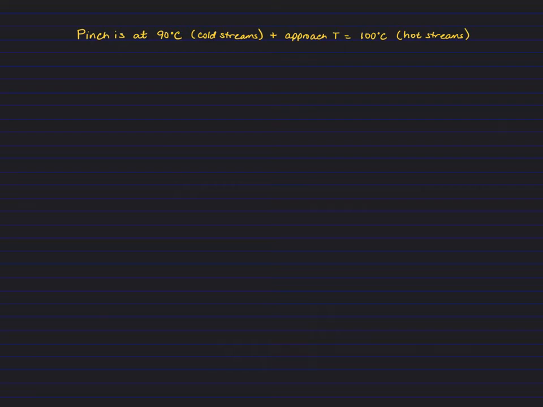Remember that I had subtracted 10 degrees for the hot streams. I want to return now to the actual temperatures, and so I'm going to add the approach temperature to this. So adding 10 makes it 100 degrees C is going to be the pinch for the hot streams. And now then what I want to do is just kind of draw straight lines across for each of my streams.